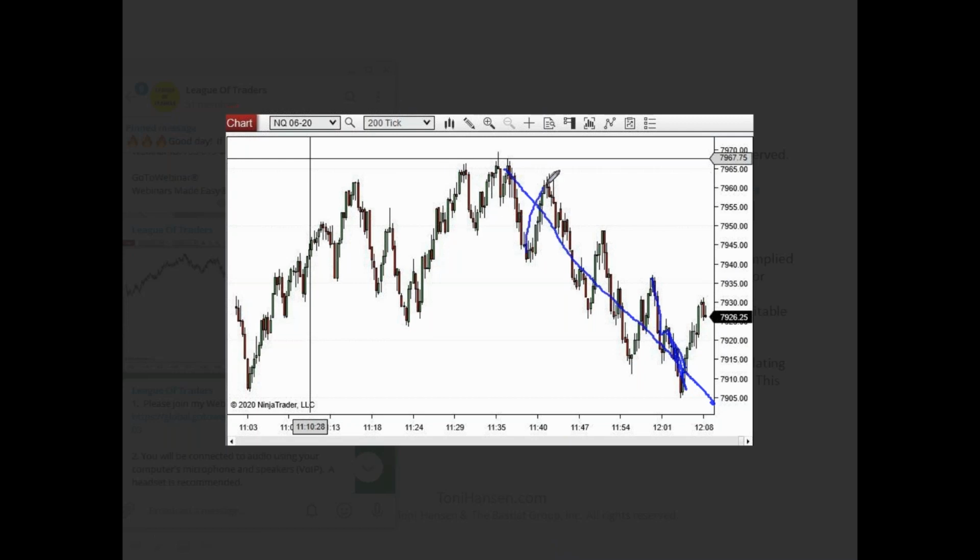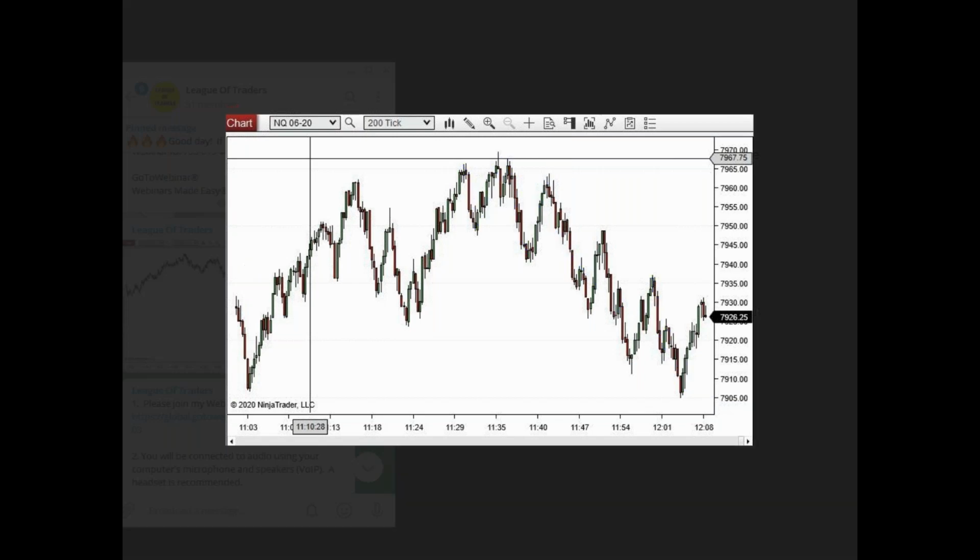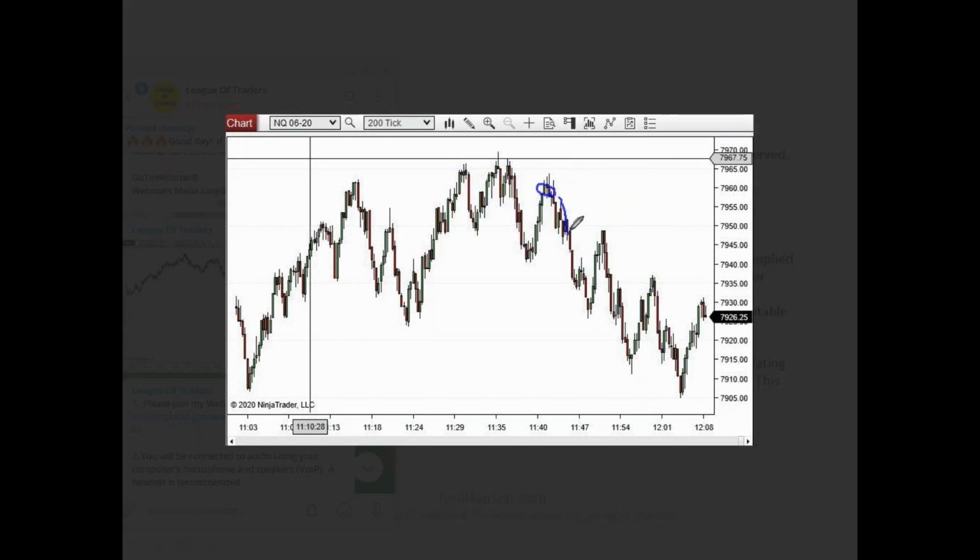Up here at highs, we almost had a megaphone. See how this starts out? The way that starts out is really good for a megaphone reversal on the downside, but we didn't get that higher high. It makes timing this short a little bit trickier because it only had a 1, 2, 3 on the upside.